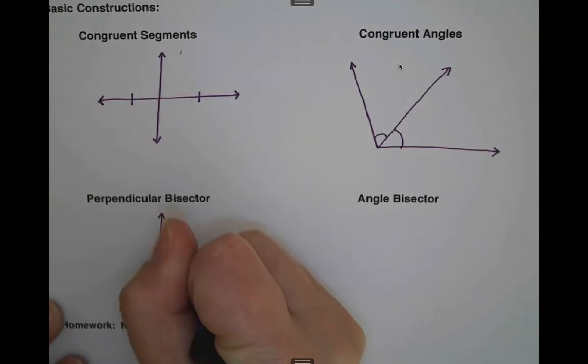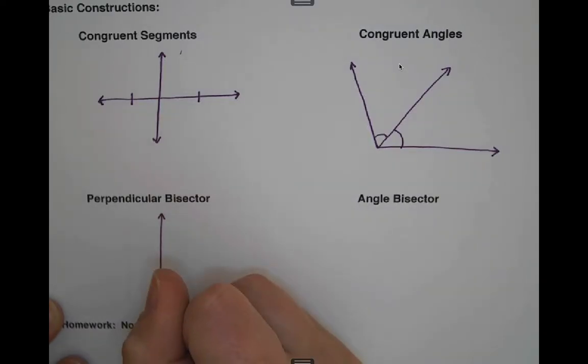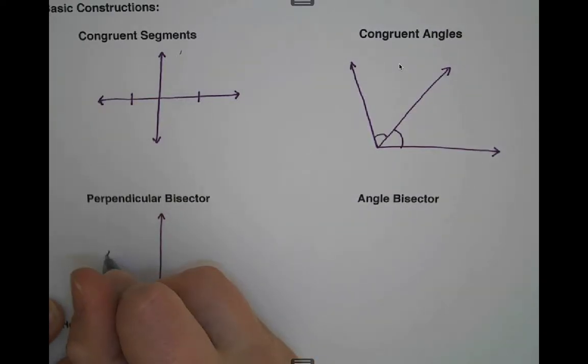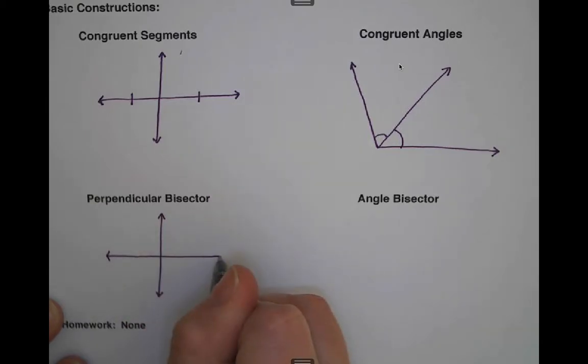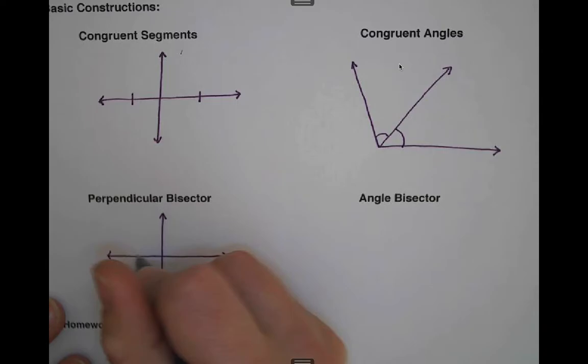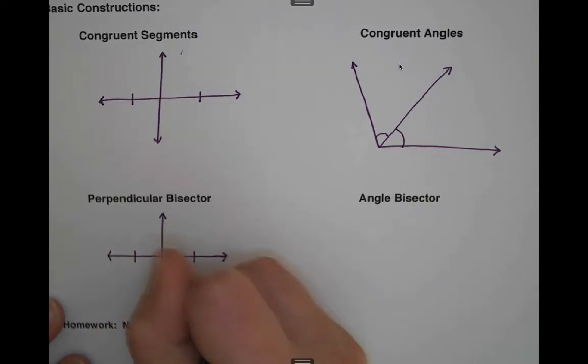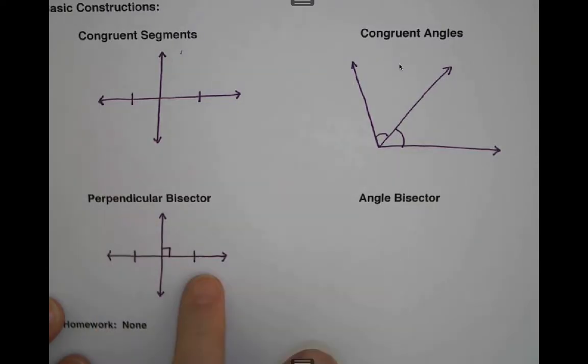The one thing you want to look at anytime, whether it be something that is a construction that you make as accurately as you can, you want to really pay attention to the markings, making sure you're marking things congruent that should be. If it's perpendicular, you're putting the 90-degree angle like we are here in perpendicular bisector.